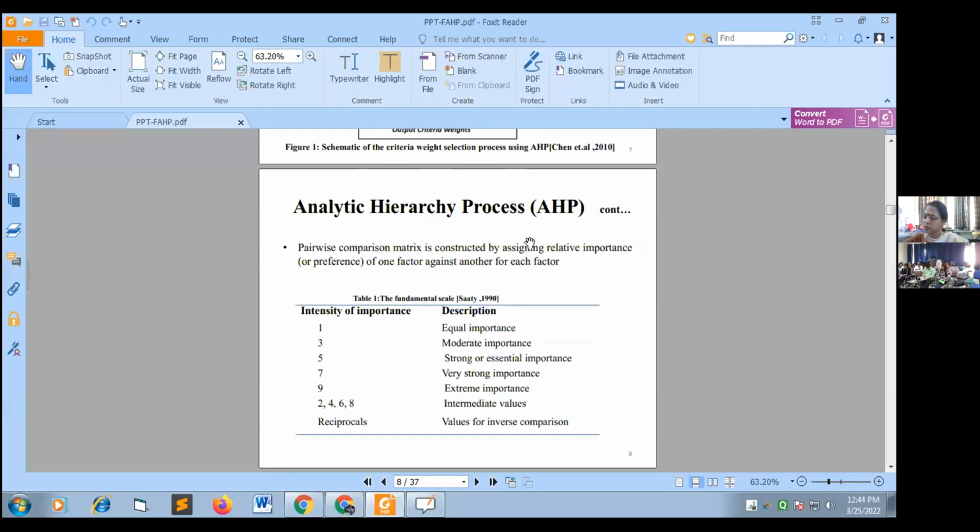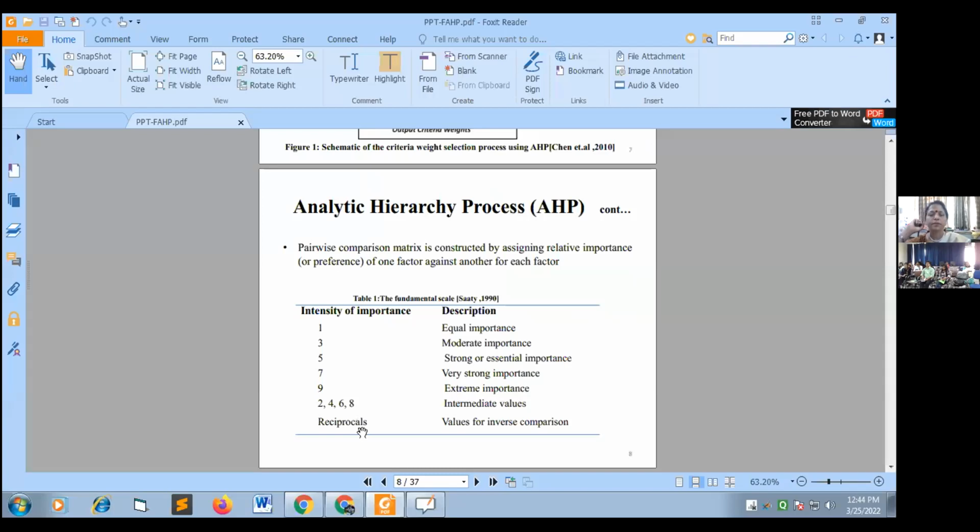So how do we make the pairwise comparison matrix? The pairwise comparison matrix is constructed by assigning relative importance. In a real situation, when selecting any alternatives, we have some preferences.